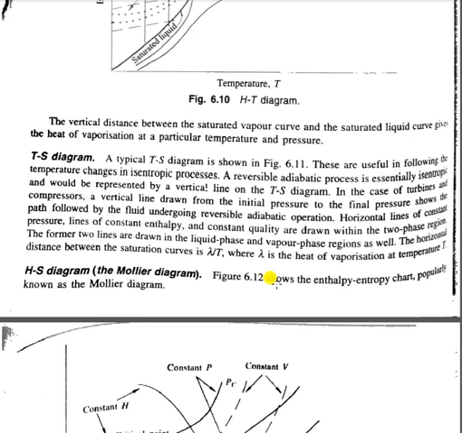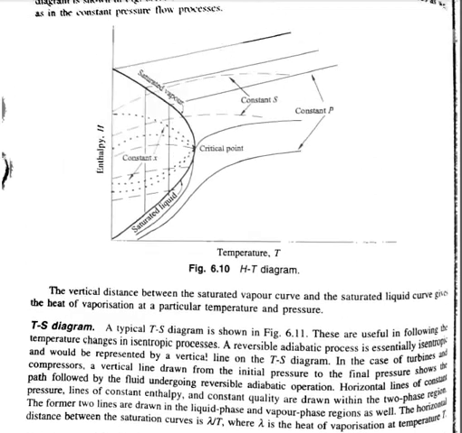So it is saturation. So it curves like lambda by T, and lambda is the heat of vaporization at temperature T. Okay, so this indicates the HT diagram.